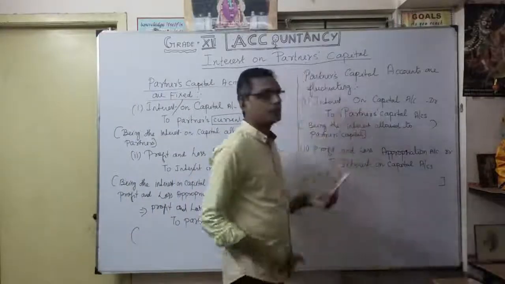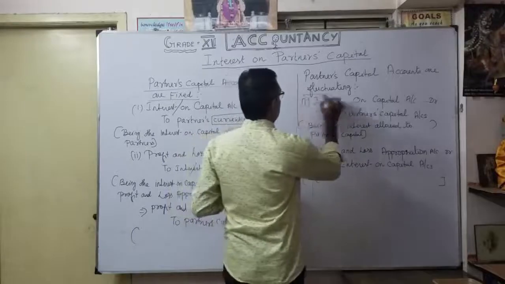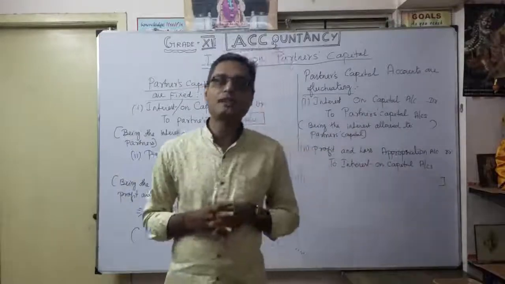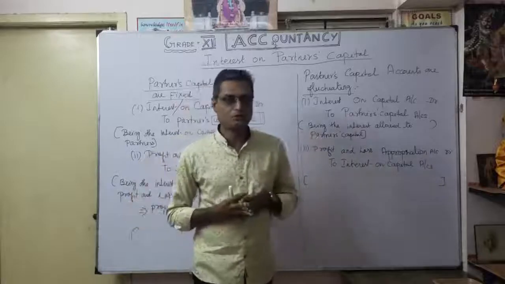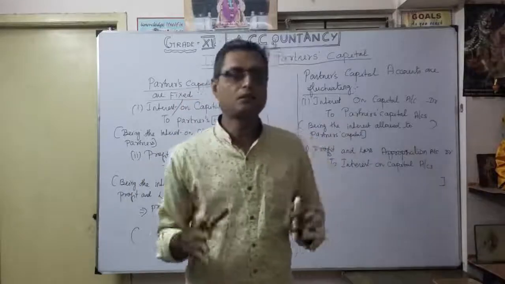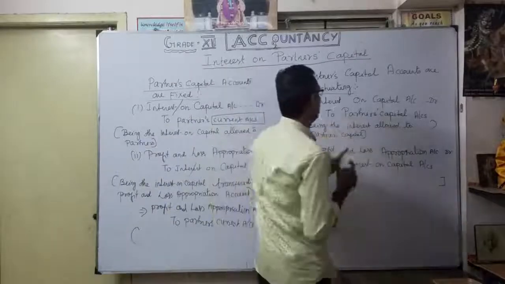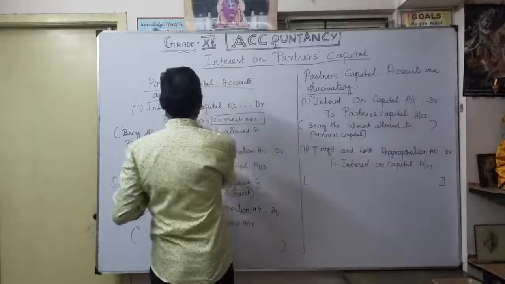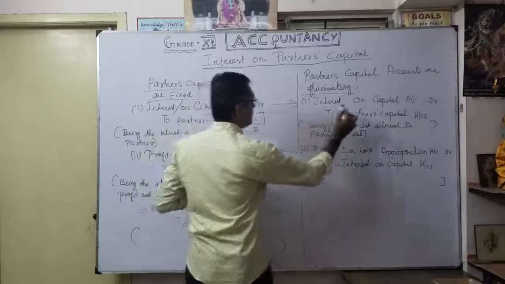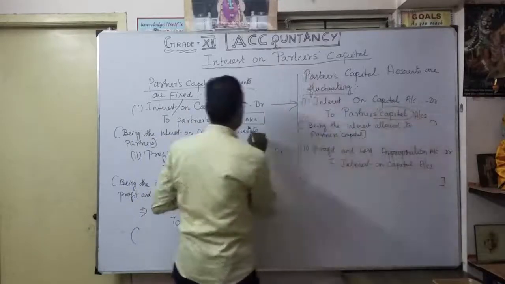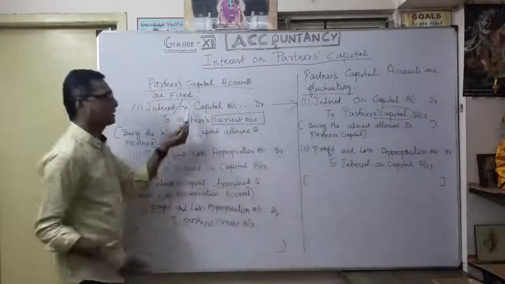So the partners' capital accounts are fluctuating. Fluctuating means everything is transferred only to the partners' capital account. There is no current account. Whatever the transaction, it is shown only in the partners' capital account. So the interest entry is the same. The debit is the same: interest on capital account debit to partners' capital account. There we credited the current account because we were following fixed capital.